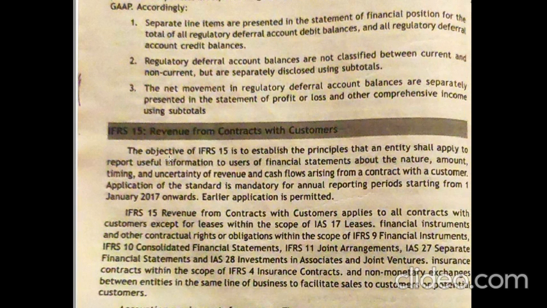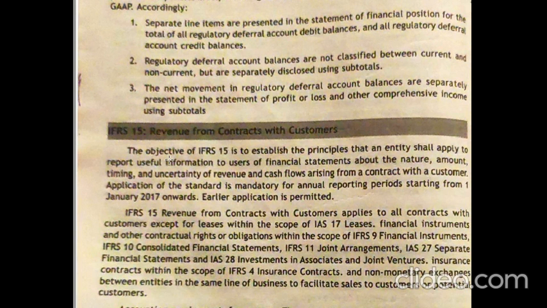So the main objective is to disclose all the information to users in the financial statement about the nature of the contract, what amount of revenue is to be recognized from that contract, at what timing it is being recognized, and whether the revenue is certain or uncertain, whether you will recognize that revenue or not. That is known as the uncertainty of revenue and cash flows arising from contracts with customers.